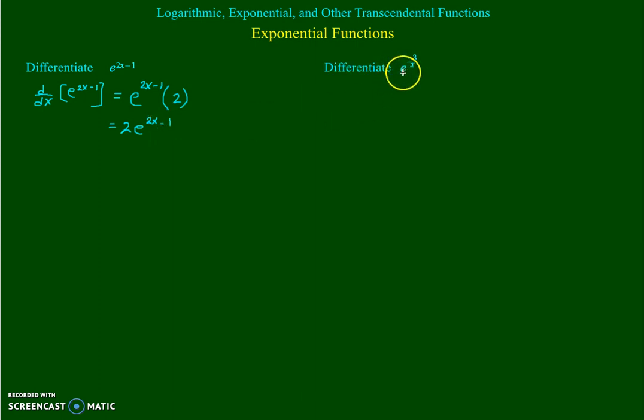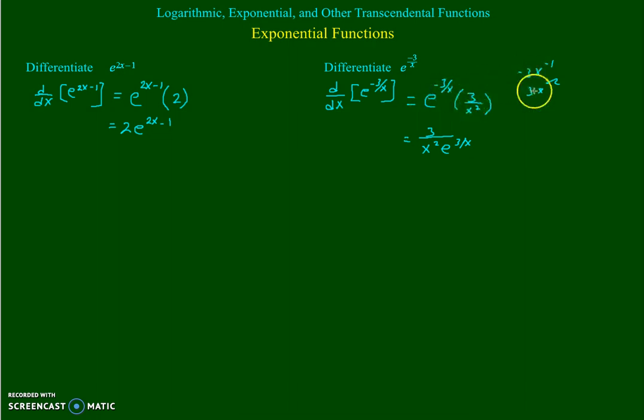Here we have another example, similar in nature. We have a differentiable function of x here as u, and this is e to the u, so our derivative is going to be e to the u du. The only difference is our du is going to be a little bit different. The derivative of this with respect to x is that original piece, e to the u, times the derivative of u.